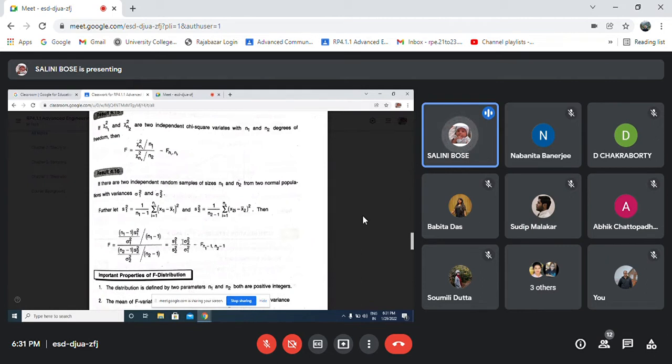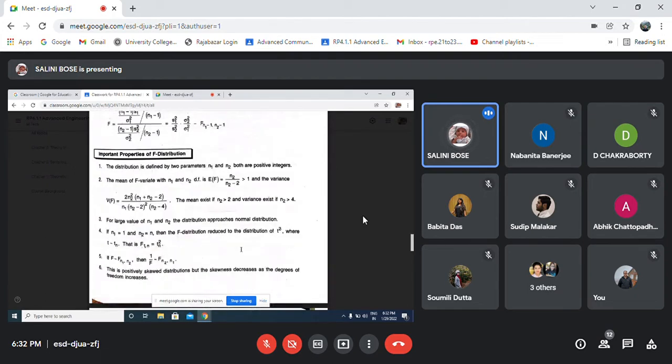As a whole, we can write s1 square by s2 square into sigma 2 square by sigma 1 square. And it will have degrees of freedom n1 minus 1 and n2 minus 1, because they are two independent random samples.